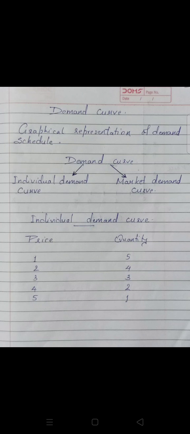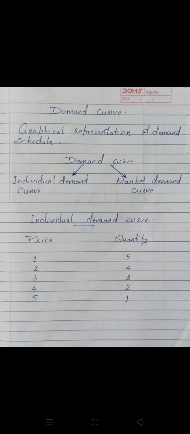Okay, now demand curve. So now we have discussed the two methods of presentation, that is textual form and tabular form. Now demand curve, it comes under graphical presentation. Okay, so demand curve is a graphical presentation of demand schedule.